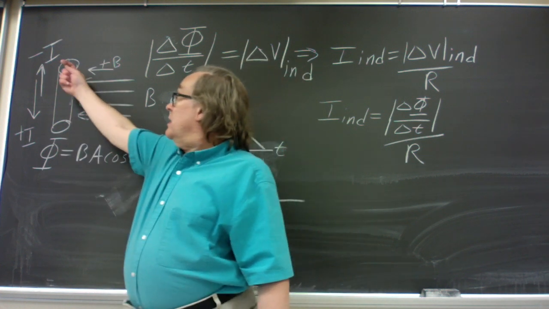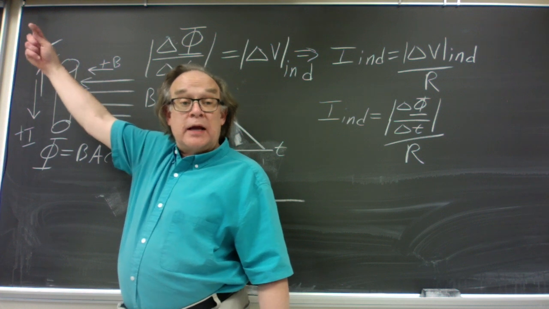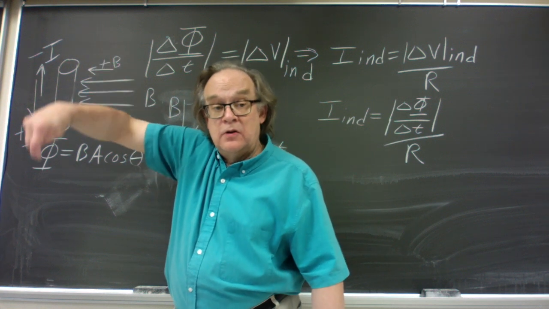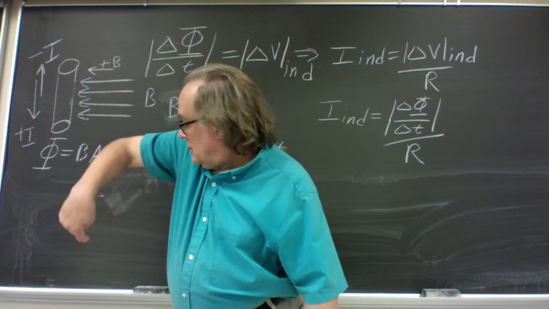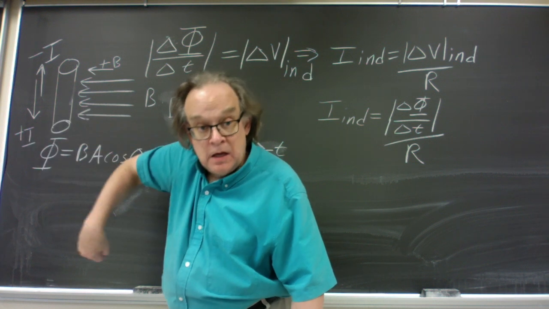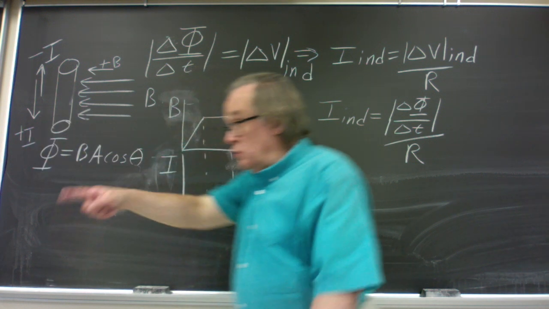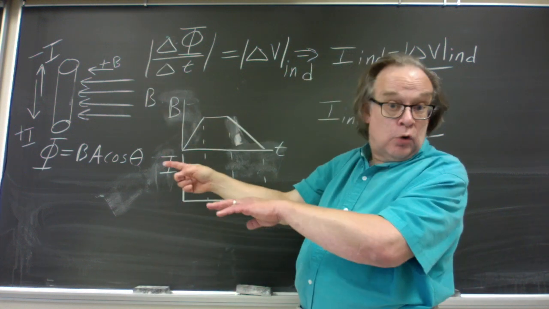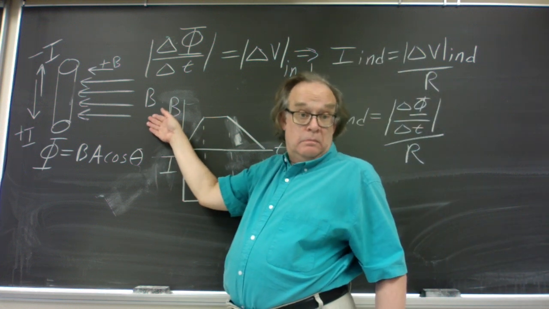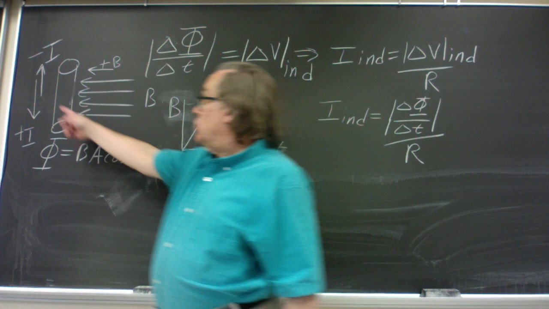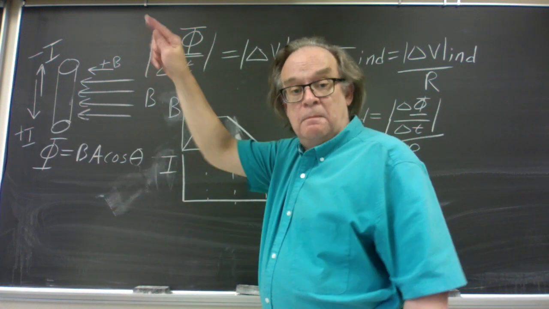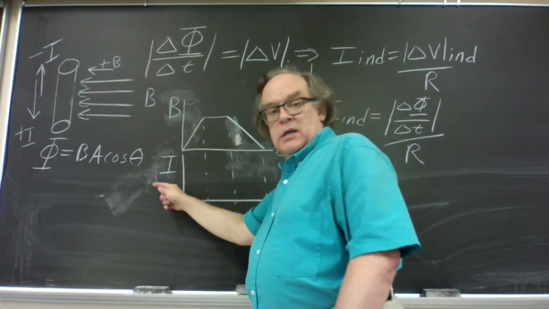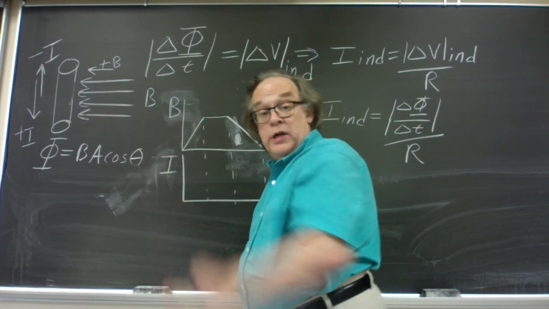So it's flowing so that at this point it's coming out at you, and then circles down, and at this point here, it's flowing away from you, flowing like this, or counterclockwise if you were looking at it from over here. And then a negative current will be current that goes just the other way, or current that would flow clockwise if you were looking at it from over here.